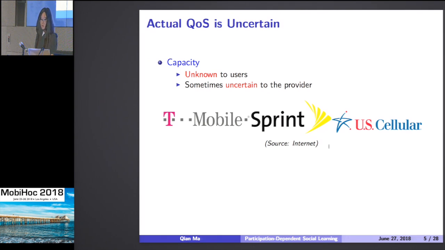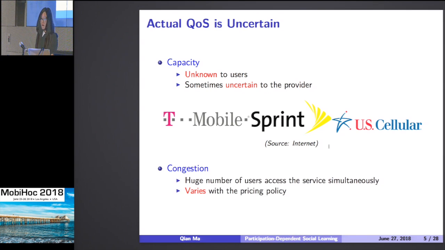So Google's Project Fi may not know its capacity to its users. The second reason for the uncertain QoS is that the congestion effect occurs when a huge number of users access the service simultaneously. Because the user subscription decision depends on the pricing policy, the congestion effect also varies with the pricing policy. So due to the above two reasons, the actual QoS is uncertain to users.